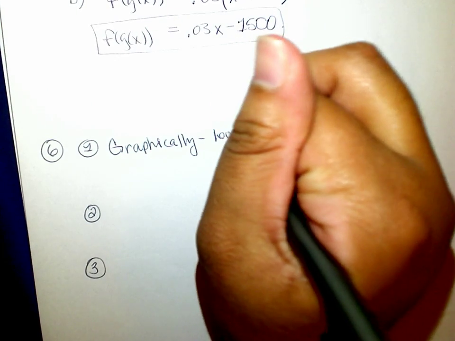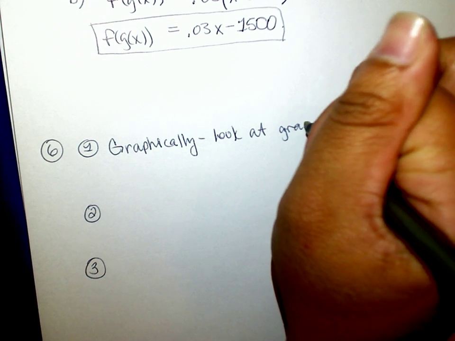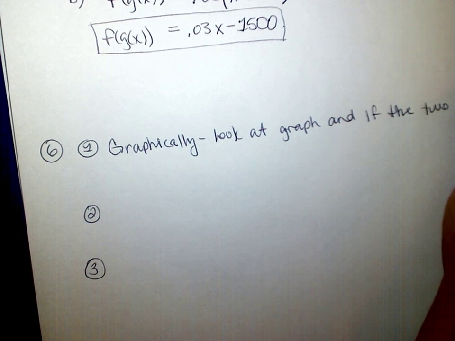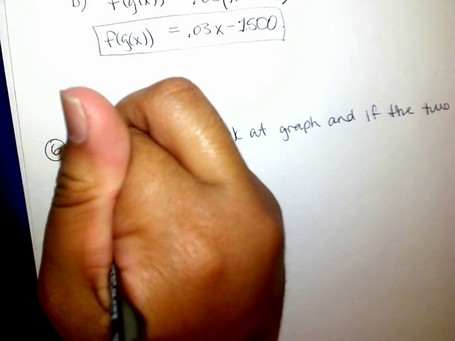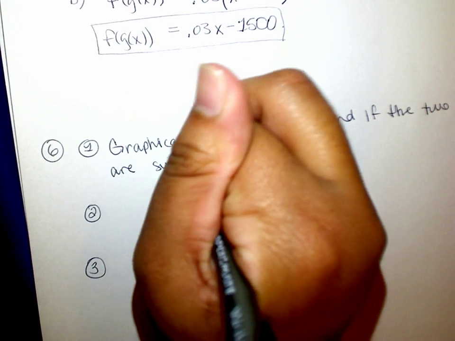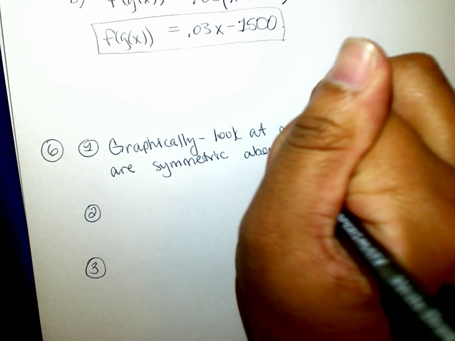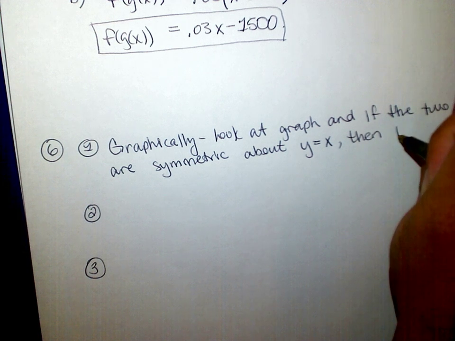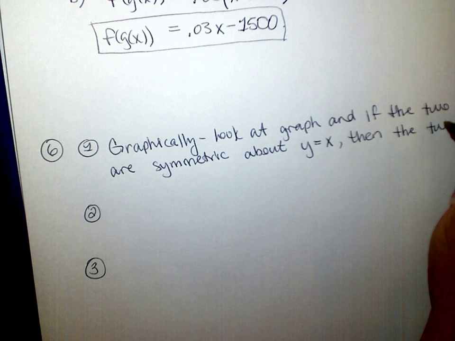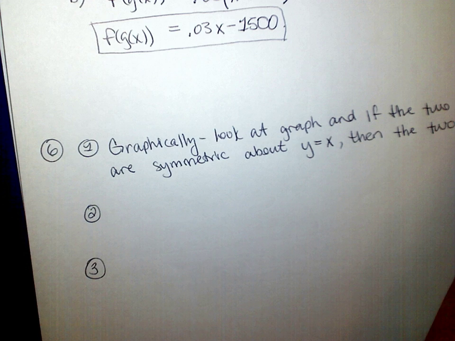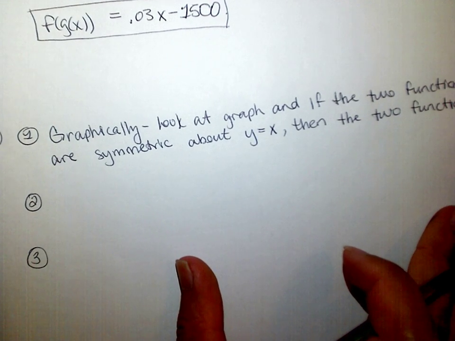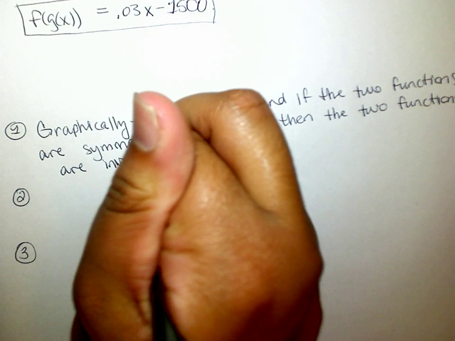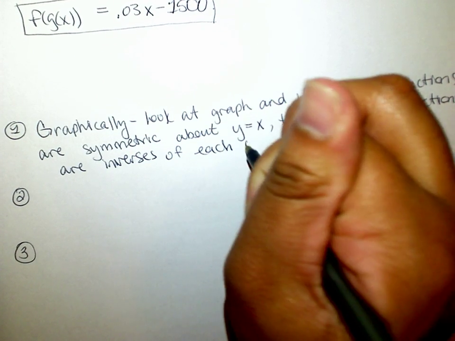So look at the graph, and if the two functions are symmetric about y equals x, then the two functions are inverses of each other.